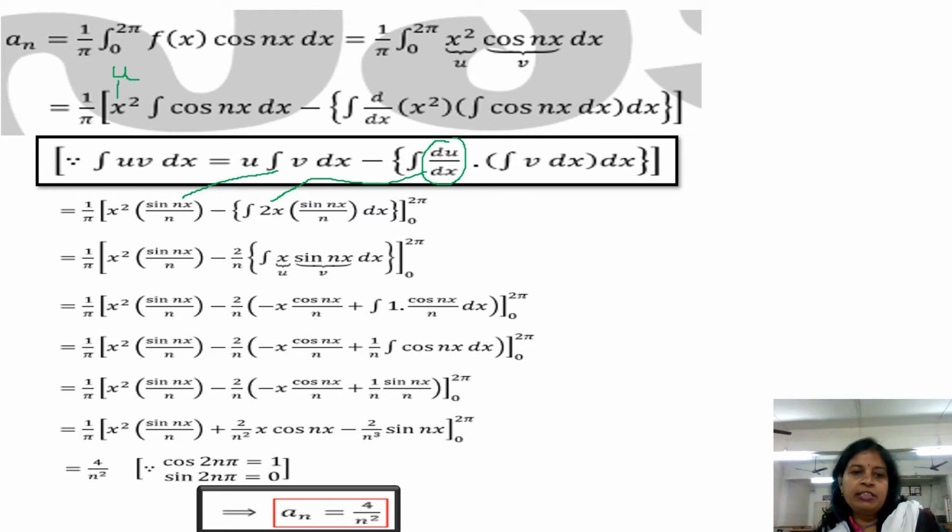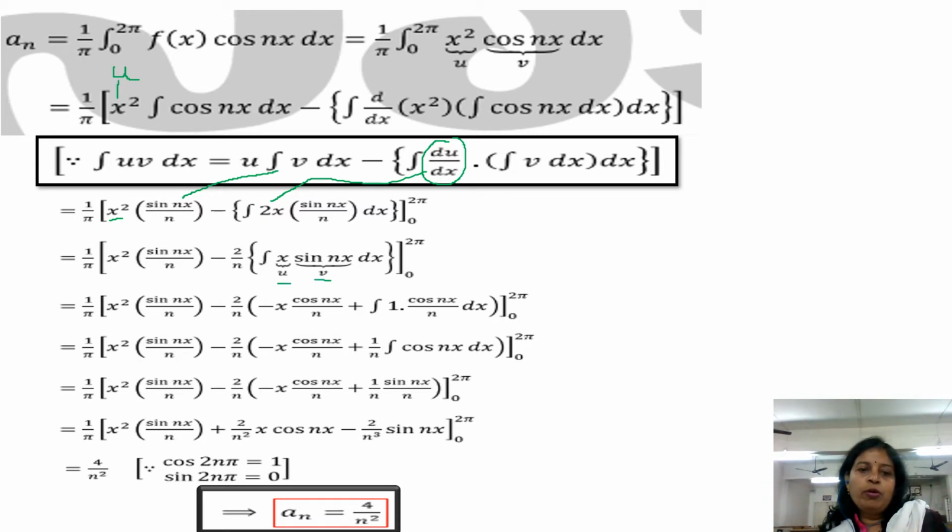Integrating cos nx gives sin nx/n. First time this is u, and in this formula du/dx is 2x, and after this you have to integrate this. For the second integration we will again use integration by parts. Here we treat x as u and sin nx/n as v.